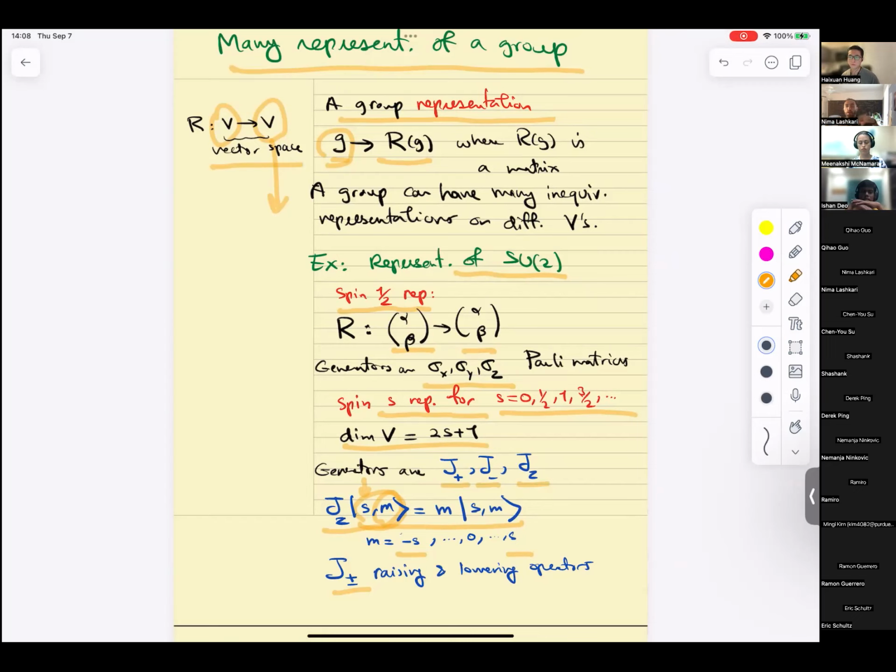That's why in physics, we often hear, for example, when you talk about SUN super Yang-Mills, that's a theory that, I don't know, you might know nothing about. But what you need to know is that there are gauge fields in there that transform in the adjoint representation. I haven't told you what the adjoint representation is, but it's a particular representation, right?